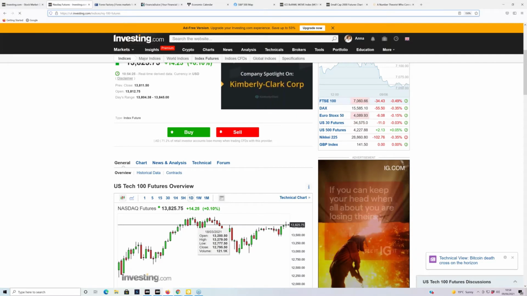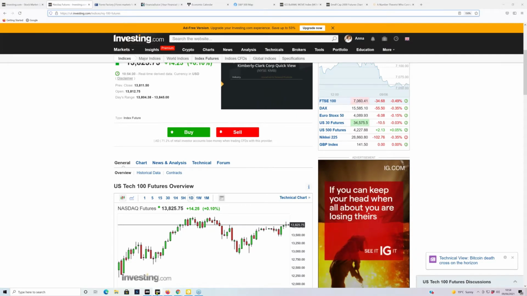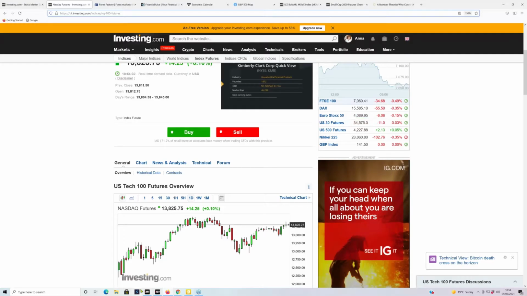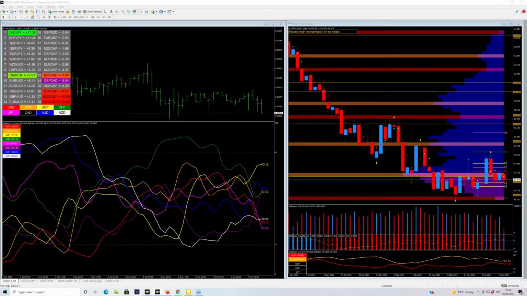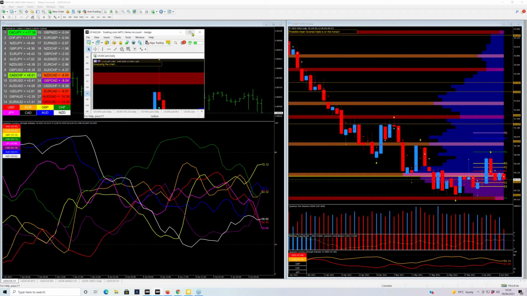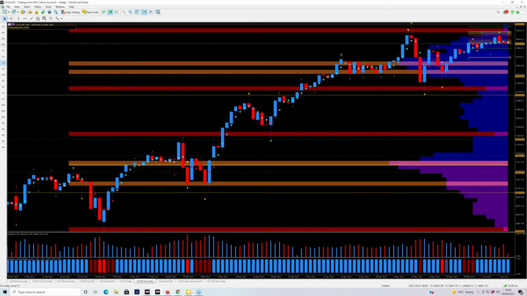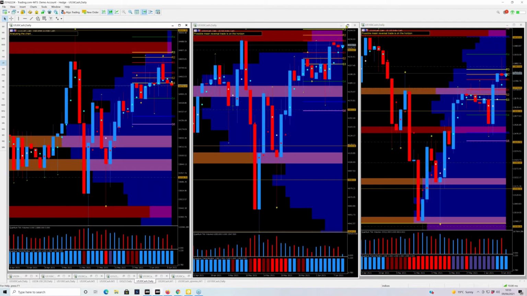Now, what I've done on my MT5, I can just bring it up a second quickly. There we are. I've put them on three individual charts, on daily charts, just to show this. So this is the equivalent of the Dow, and we can see here, this is up, and it's just moving sideways in very, very narrow candles, very difficult for index traders at the moment.